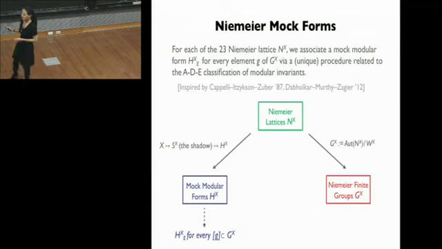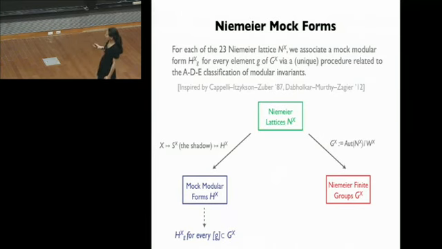Basically, how you generalize it is to study how these group elements act on the Niemeier lattices, and then you can tweak this arrow to get this. And one interesting thing is that we found these mock modular forms, and then when you type them into OEIS, you find that it recovers most of Ramanujan's examples that he wrote down.